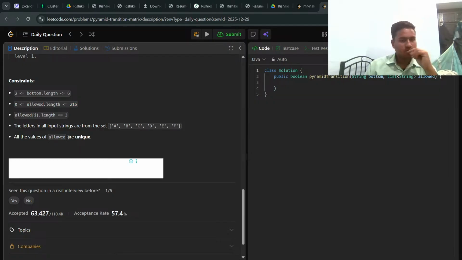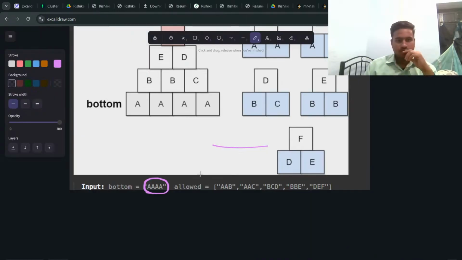All values in allowed must be unique. The letters in all input strings are from the set ABCD. The bottom length can be at most 6, so no need to worry very much.